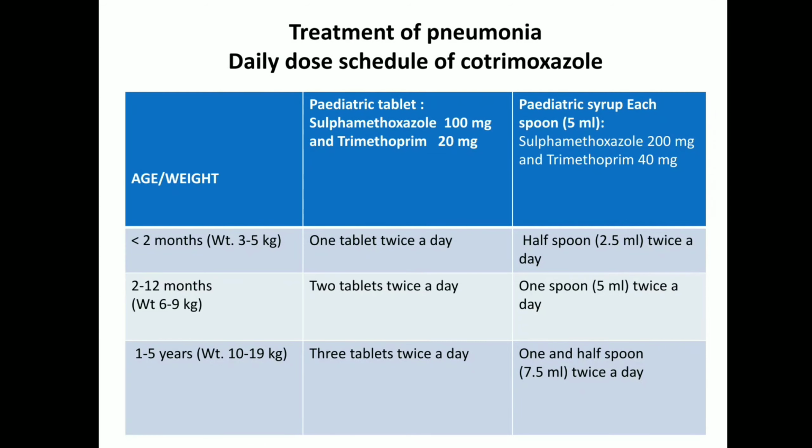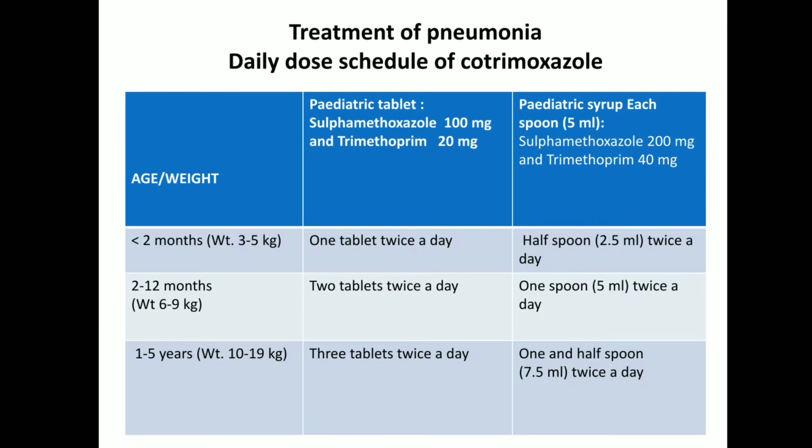And if you are giving it in the syrup form, 2.5 ml twice a day you have to give to the child. I'll say it very clearly. So for treatment of pneumonia on a daily basis when you are using cotrimoxazole, based on the age, the dose will vary.